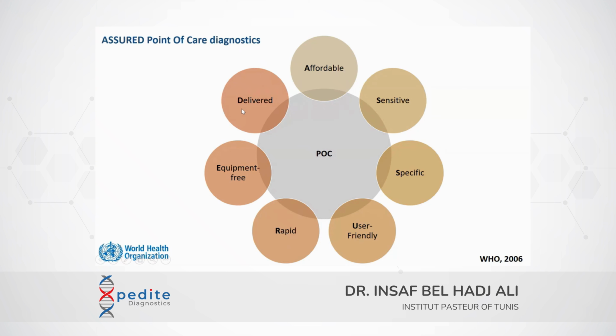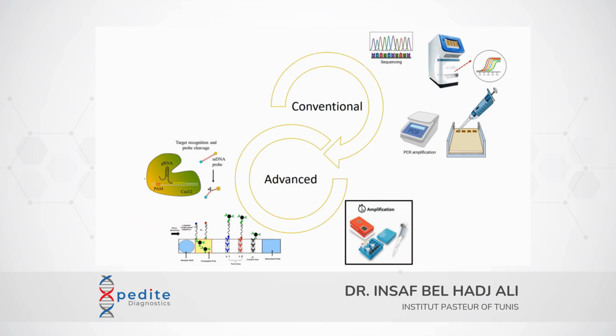So these kinds of tests should be a research priority, especially for NTDs, which are referred to as diseases of poverty. In the last decade, we witnessed some technological advancement that supported the development of diagnostic technologies that are suitable for implementation in different settings.